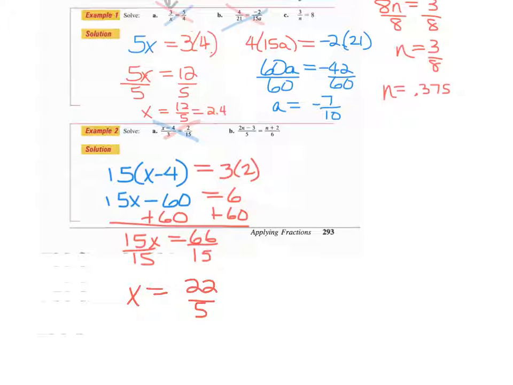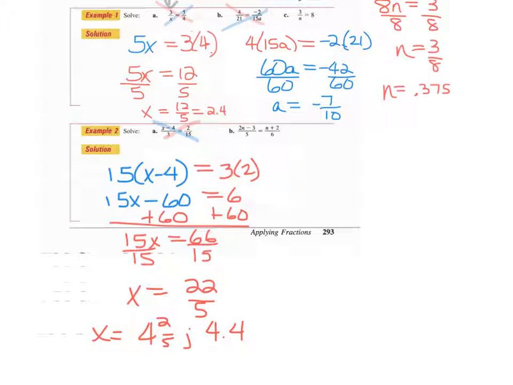And if you want to divide it, 5 goes into 22 4 times with 2 left over. So 4 2/5, or 4.4. Again, I would just leave it an improper fraction. Just simplify it.